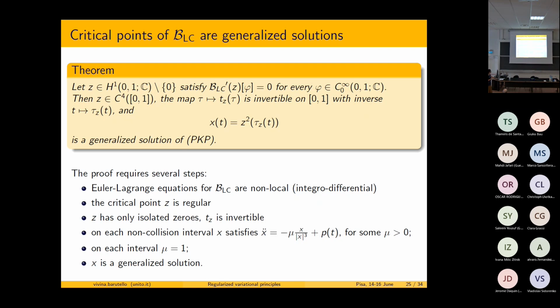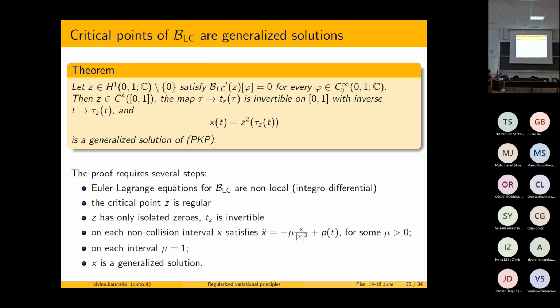First, we prove that on every interval without collisions, not exactly the perturbed Kepler problem holds, because in our problem here mu was equal to 1. Okay, but another problem holds with some positive mu.